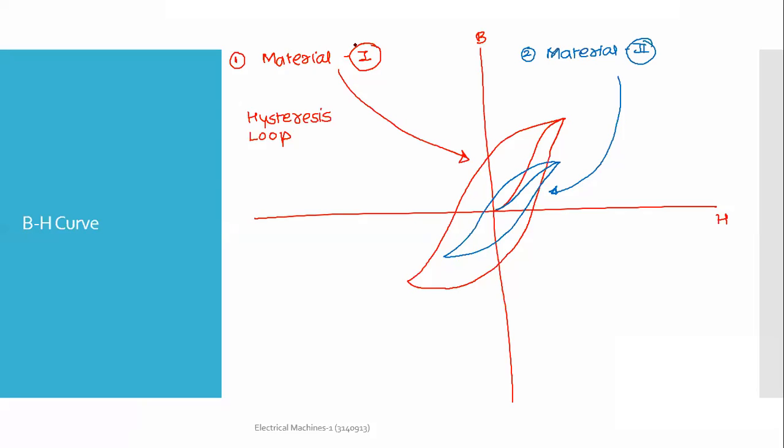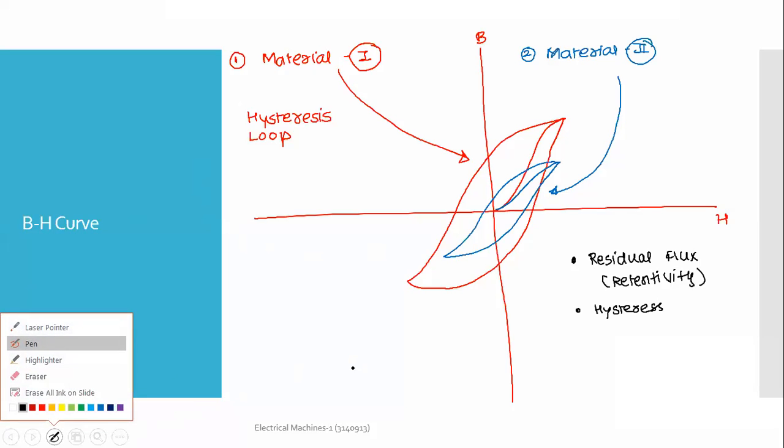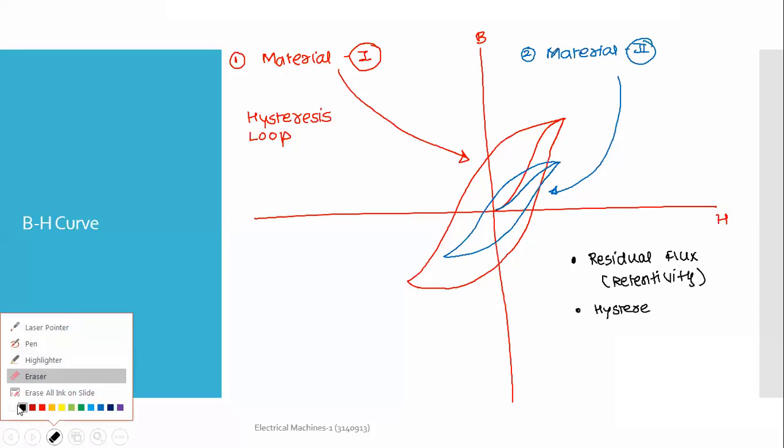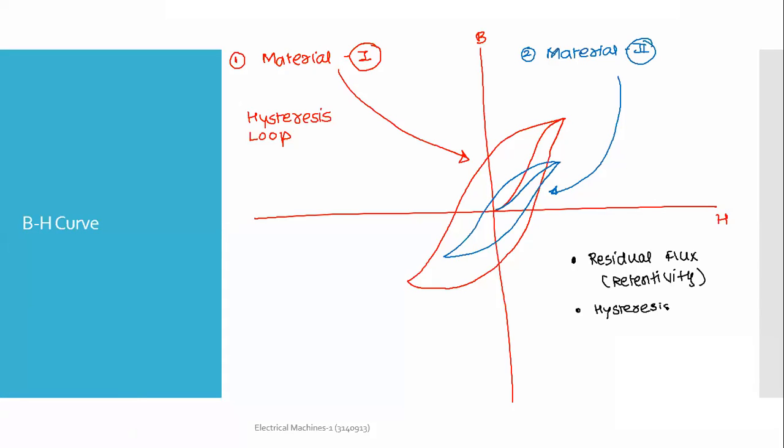Let me give you a hint on what points you can discuss. First, the amount of residual flux, retentivity. Second is hysteresis loss.